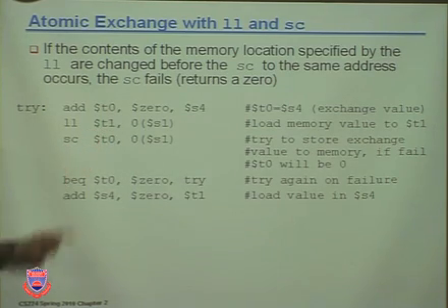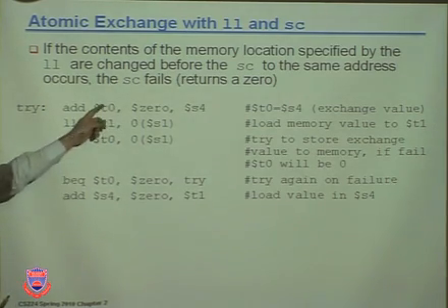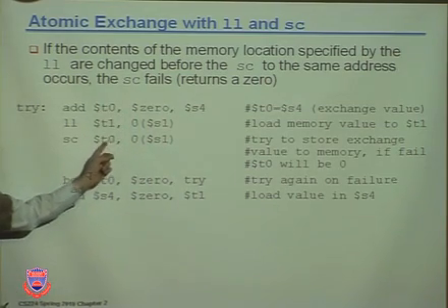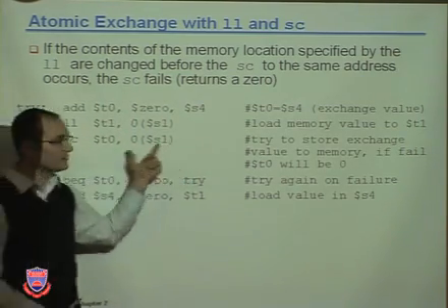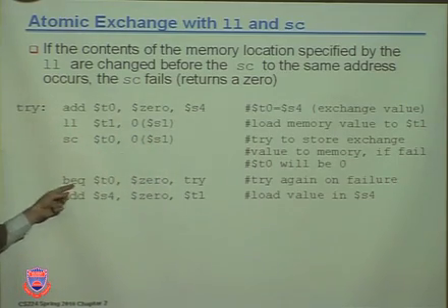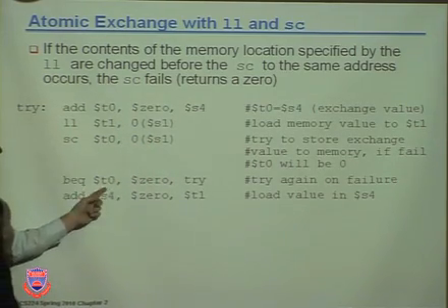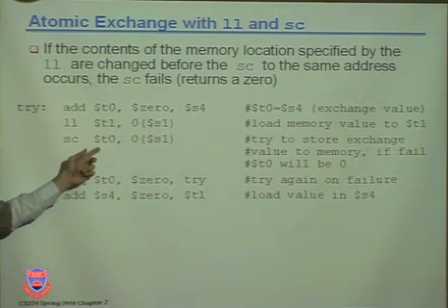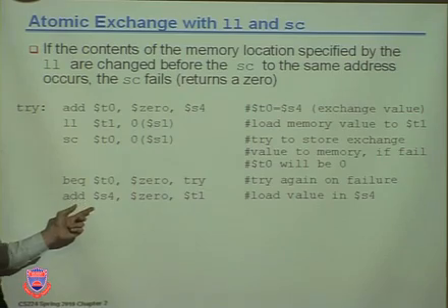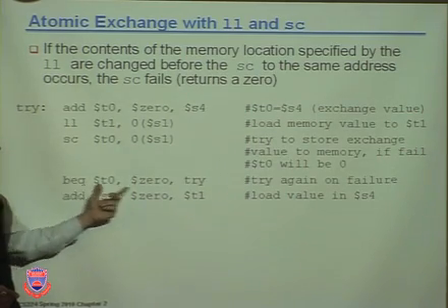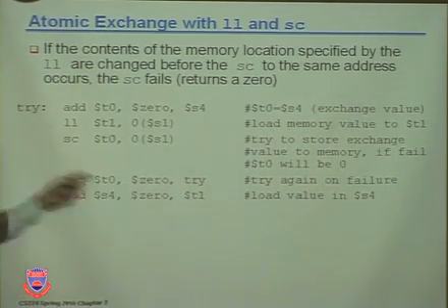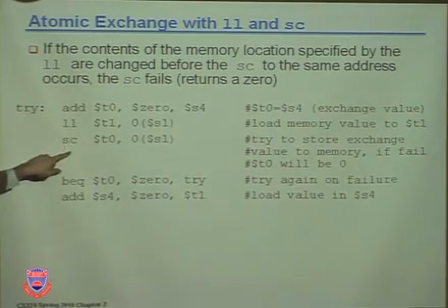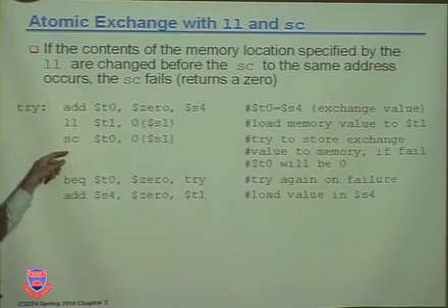Then you try to store conditionally this T0, which now has the value of S4, into this memory location. If, however, T0 returned equal to 0, then there was a problem with my store conditional, which means I need to try again. So if T0 is equal to 0, it will branch back to the try statement and redo it until it performs the computation correctly.